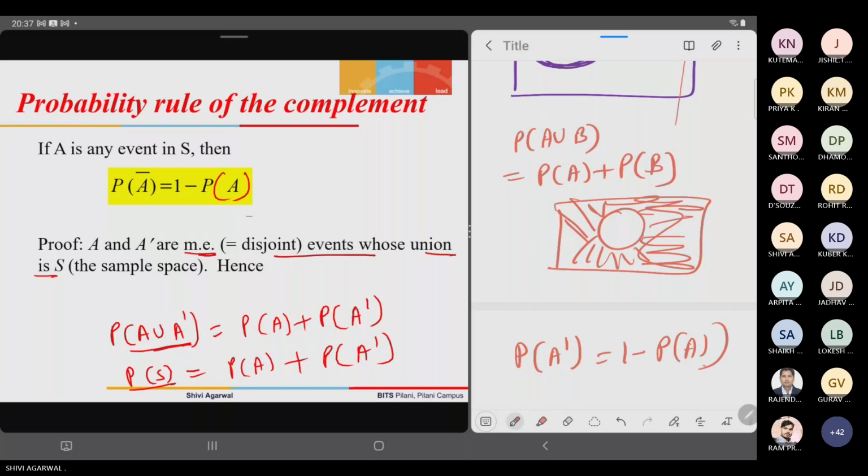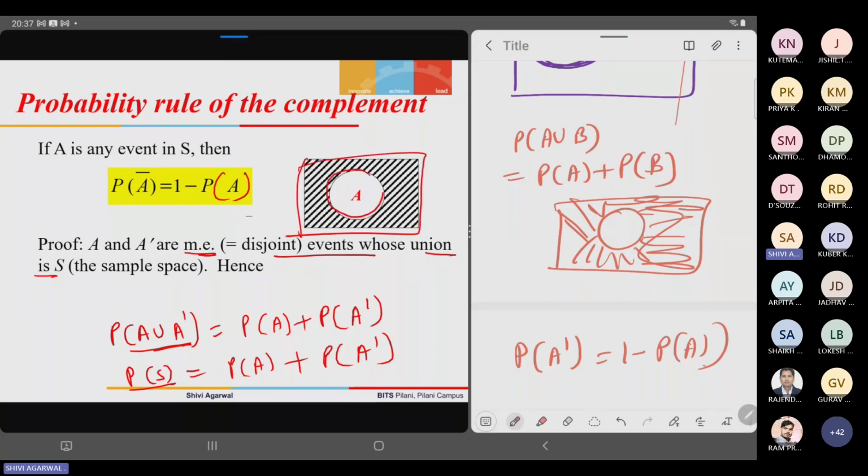Whenever it is required, we can apply it. If you know probability of A and you are trying to find out probability of A complement, you can use this formula. These are the formulas. Okay, so it is like a sample space. There is an event A, so this is the probability. This is the A complement, and then we are trying to find out the probability of S is equal to this.